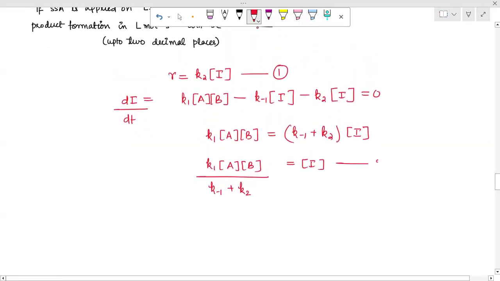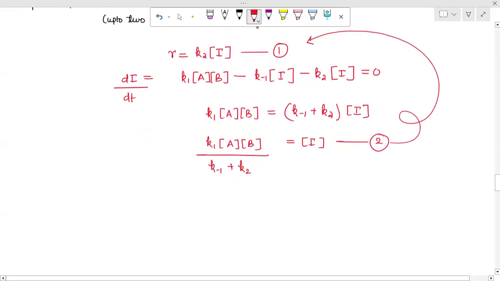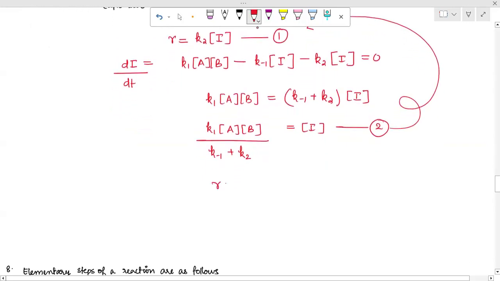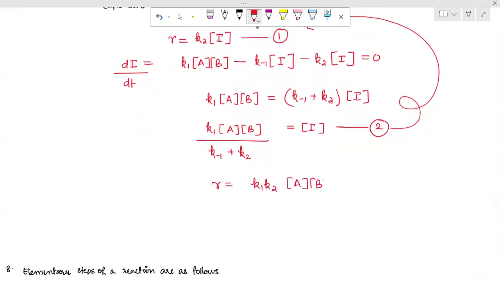Now, I'll call this equation 2 and plug in 2 in 1, and the rate expression that I get is rate is equal to K1, K2, concentration of A into concentration of B divided by K inverse plus K2. So from this expression, I have got the effective rate constant, which is K1, K2 divided by K inverse plus K2.